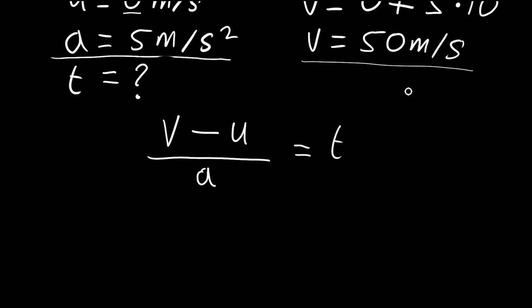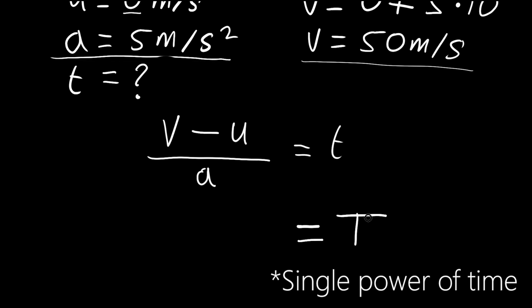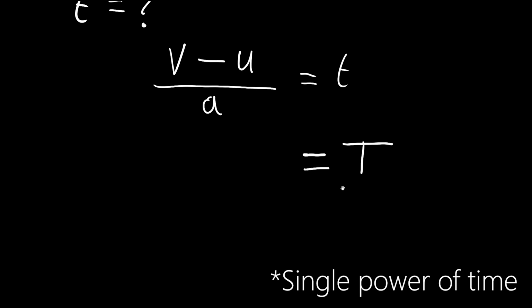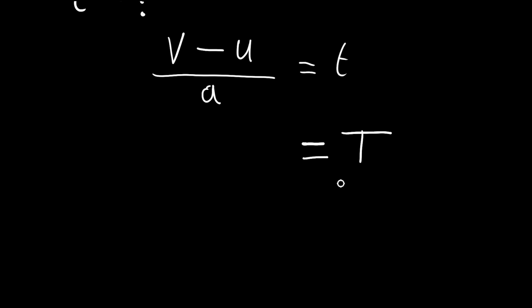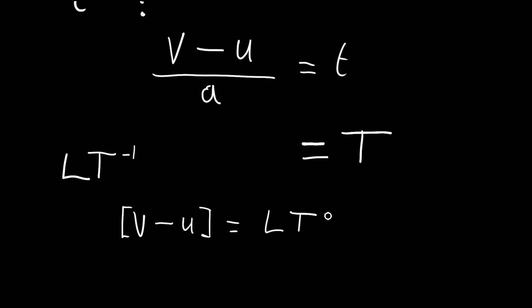So on the right-hand side, we have a dimension of time. Now, the left-hand side should equal a single dimension of time. We know that the initial and final velocities both have dimensions of length over time, and the subtraction of the initial velocity from the final velocity will also have dimensions of length over time.